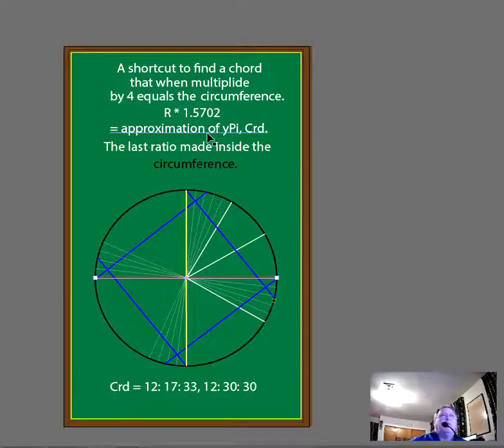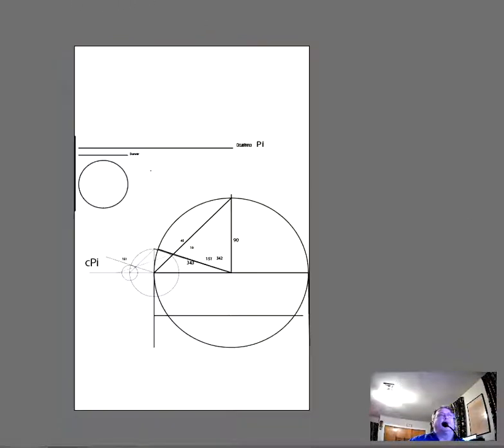I'm not sure how people will even take to understanding that pi is an approximation. Just to go over a little bit of information here, YPI is a term that I'm using to replace just the understanding that pi is PI. There was also a drawing I had gone over earlier.